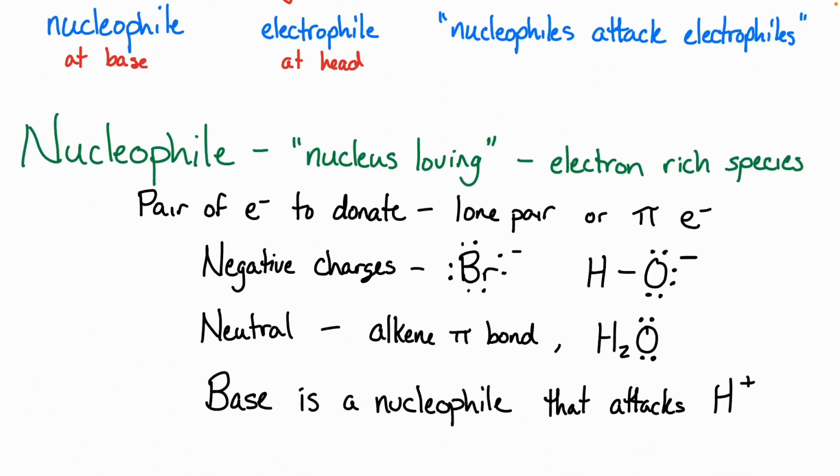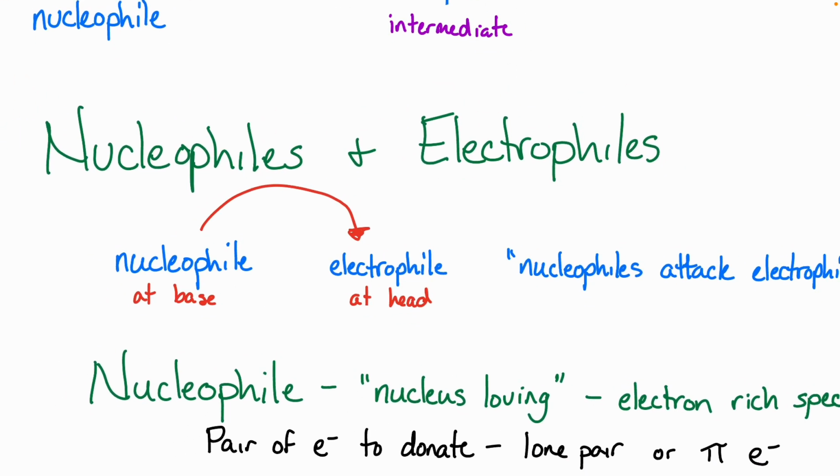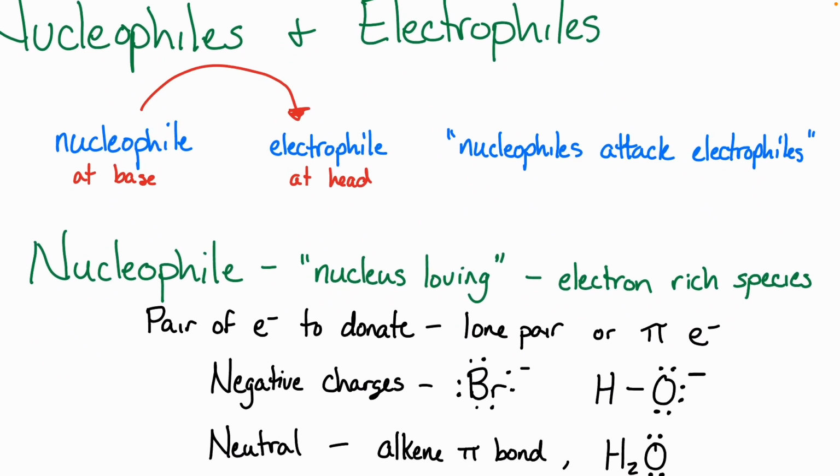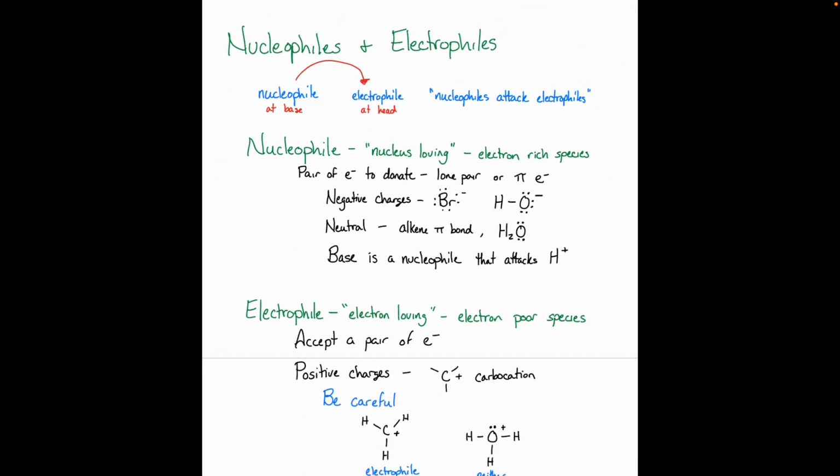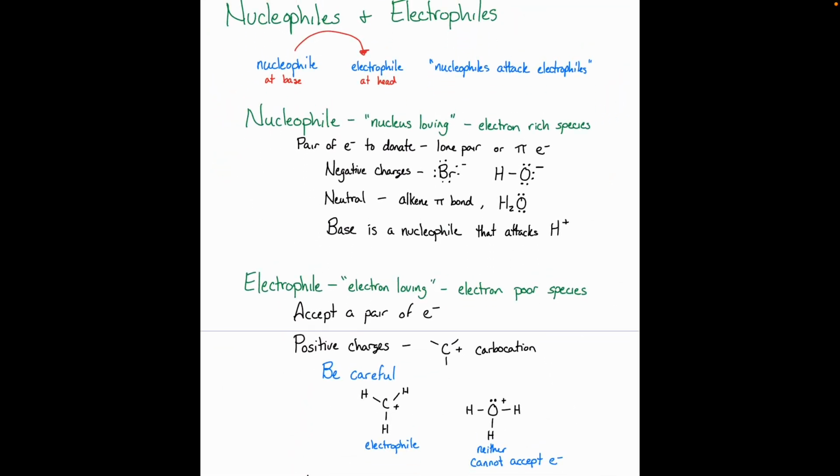Okay, so our organic reactions are going to take place between a nucleophile and an electrophile. The nucleophile is the electron-rich species, and the electrophile is the electron-poor species. And again, that's kind of the logic behind all these reactions we're going to study. Something with a lot of electrons reacting with something that doesn't have a lot of electrons.